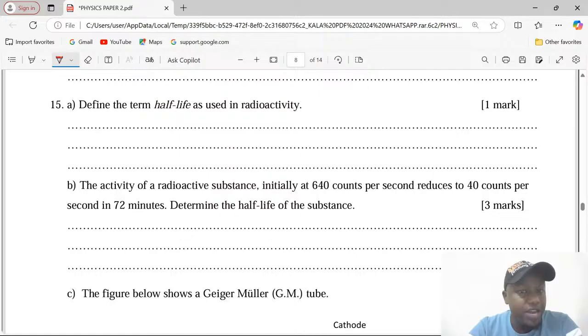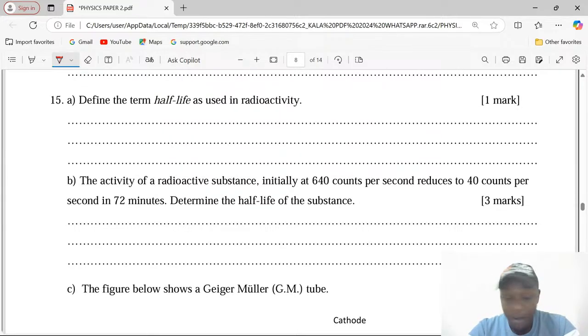Wow, we are still doing it at number 15 now. At number 15, the examiner is asking us to define the term half-life.